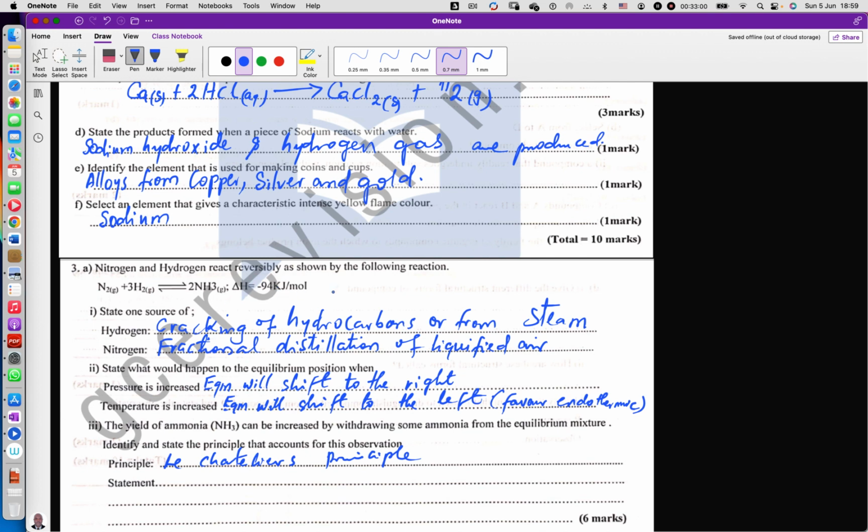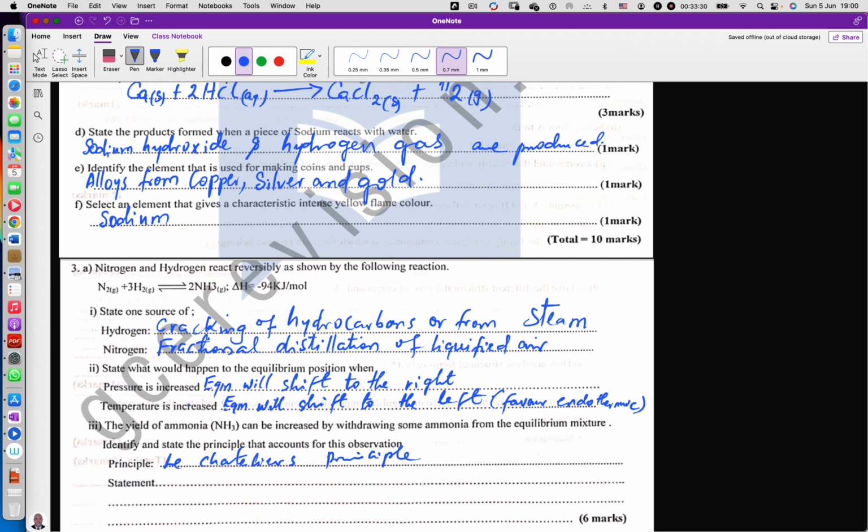It is decomposed back into nitrogen and hydrogen. So the yield can only be increased by withdrawing some ammonia from the equilibrium mixture. Identify and state the principle that accounts for this. The principle is Le Chatelier's principle.